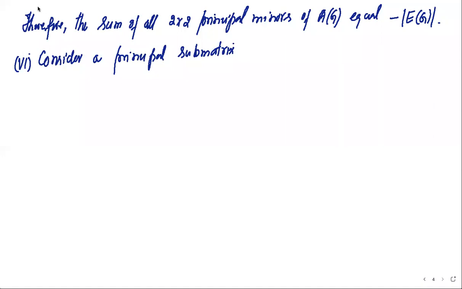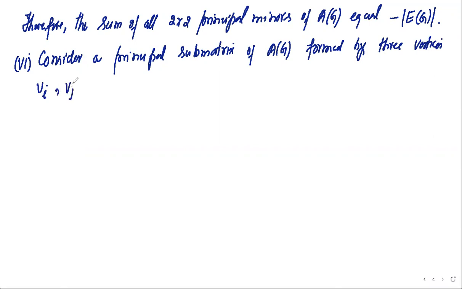Consider a principal submatrix of A of G formed by 3 vertices Vi, Vj, and Vk. Then we have the following cases.